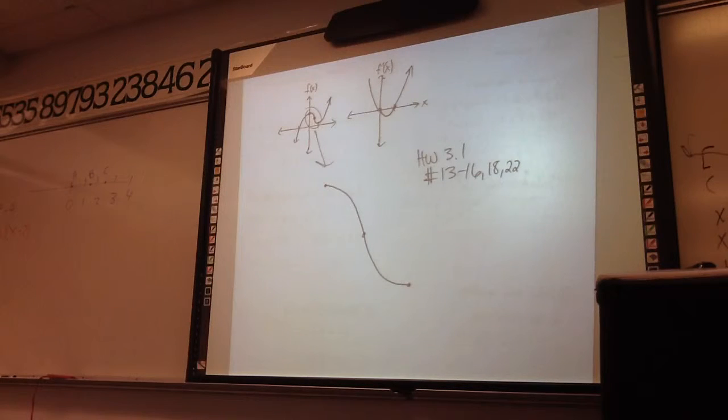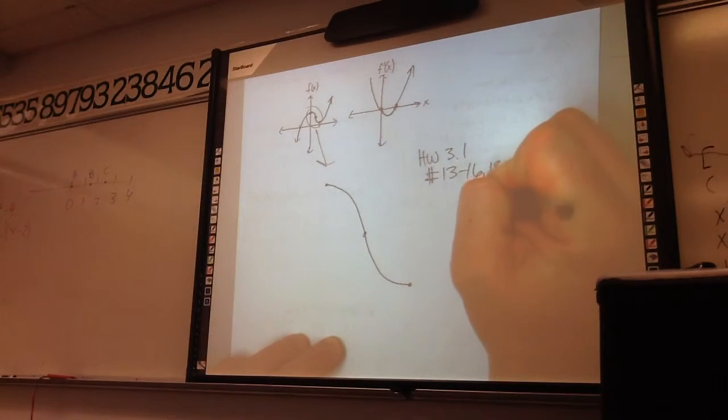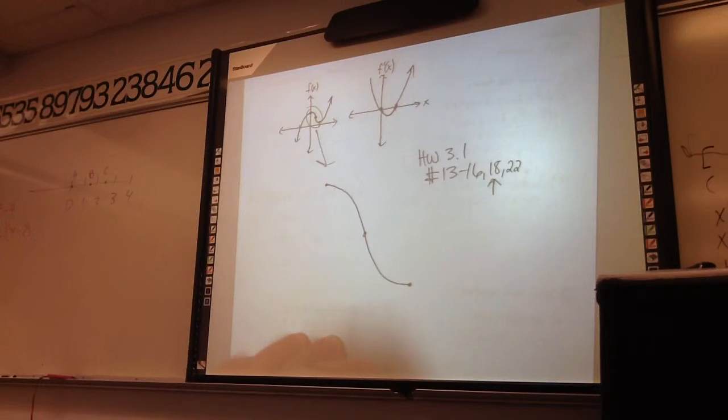Hold on, one thing on 18. The directions say find the derivative of the function y equals 2x squared minus 13x plus 5 and use it to find the equation of the line tangent to the curve at x equals 3. So that's like yesterday, but it's not, because it says find the derivative and then use it to find the equation of the line tangent to the curve at x equals 3. So you do both.